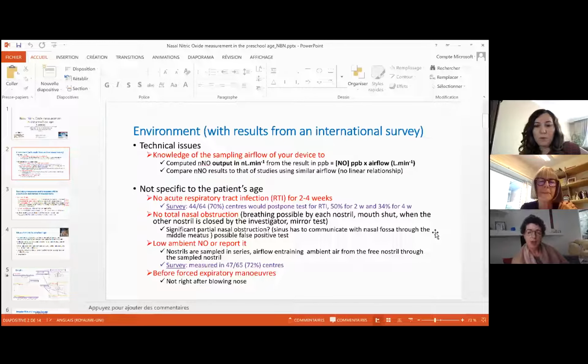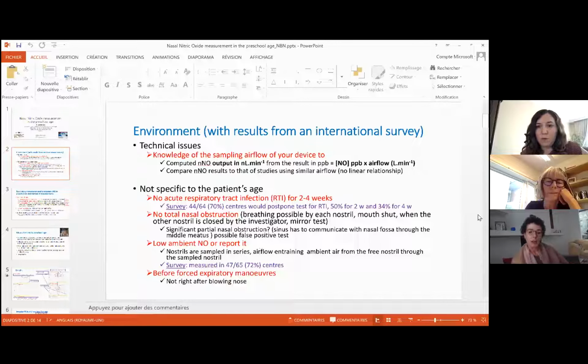So that's why you have to postpone when there's been a recent respiratory tract infection, because you suppose that even though the child might be able to breathe through his nose now, the middle meatus might still be edematous, and so the nitric oxide won't be able to communicate to be sampled from the nose.